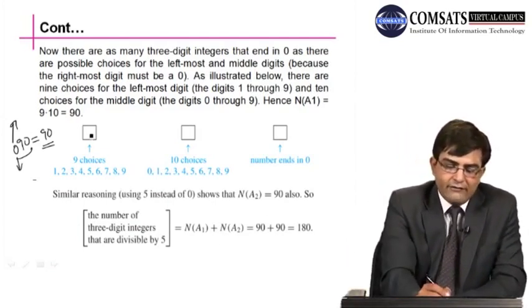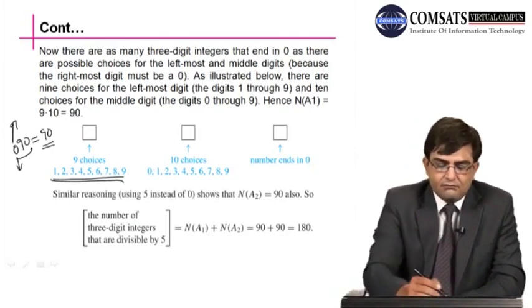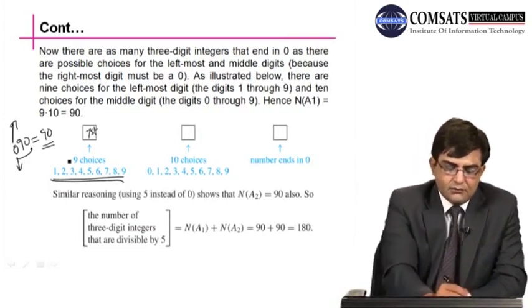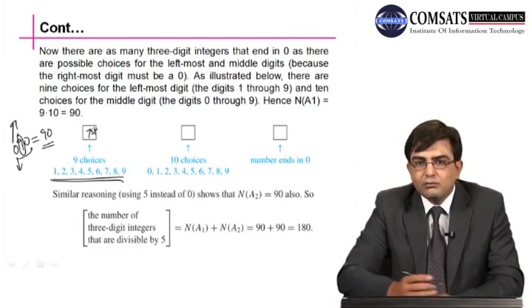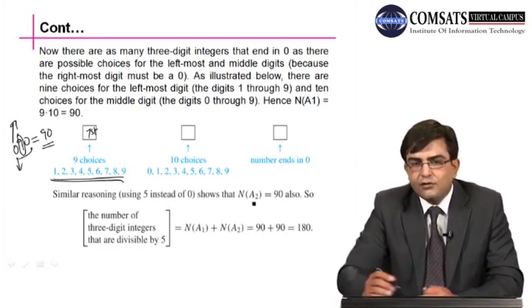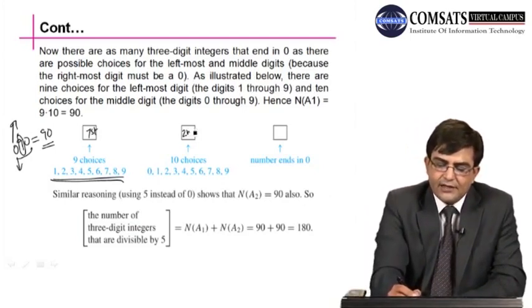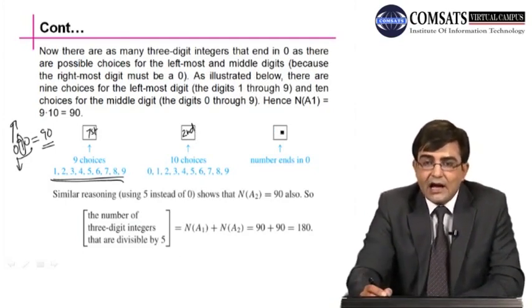So at the first place we have 9 choices, one of these 9 integers may come at the first place. Now the second digit of the 3-digit integer may be 0, 1, 2, 3, 4, 5, 6, 7, 8, 9, so at the second place we have 10 choices, and the last digit must be 0.